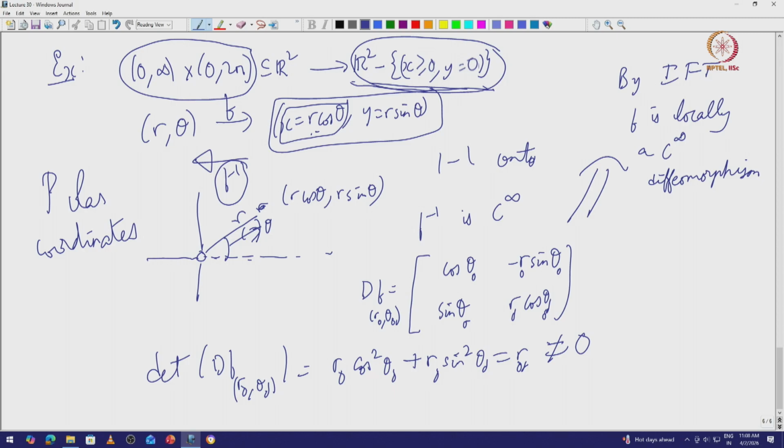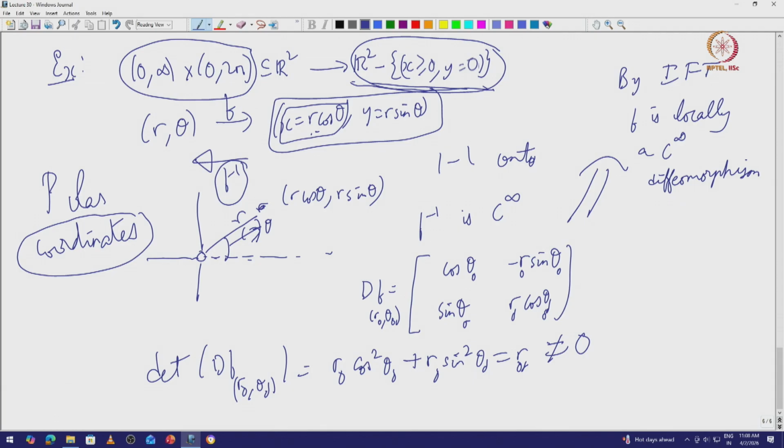Now the point is, we are calling these polar coordinates, which means are there other kinds of coordinates? What are coordinates after all? This is the question. What do I mean by a coordinate system? By the way, in physics they are called frames of reference.